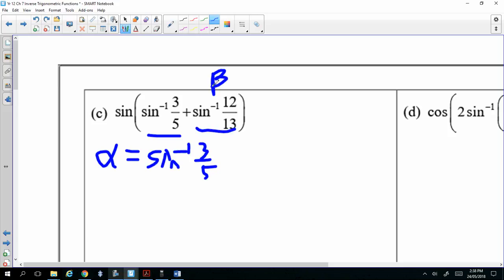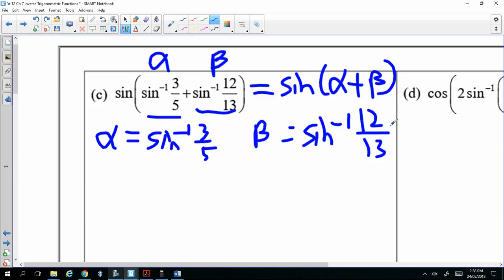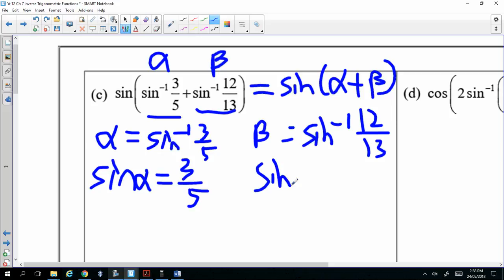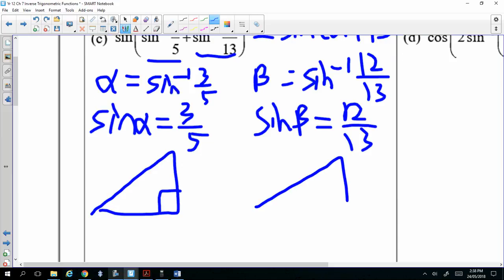But first, let's write it as sine alpha equals 3 over 5, and the other one as sine beta equals 12 over 13. And then you draw a right angle triangle for both. So you get alpha here, beta there, and then you get 3 over 5, 12 over 13. And then use Pythagoras. If you know your triads well, that will be 4, that will be 5. Of course the diagram is not to scale.